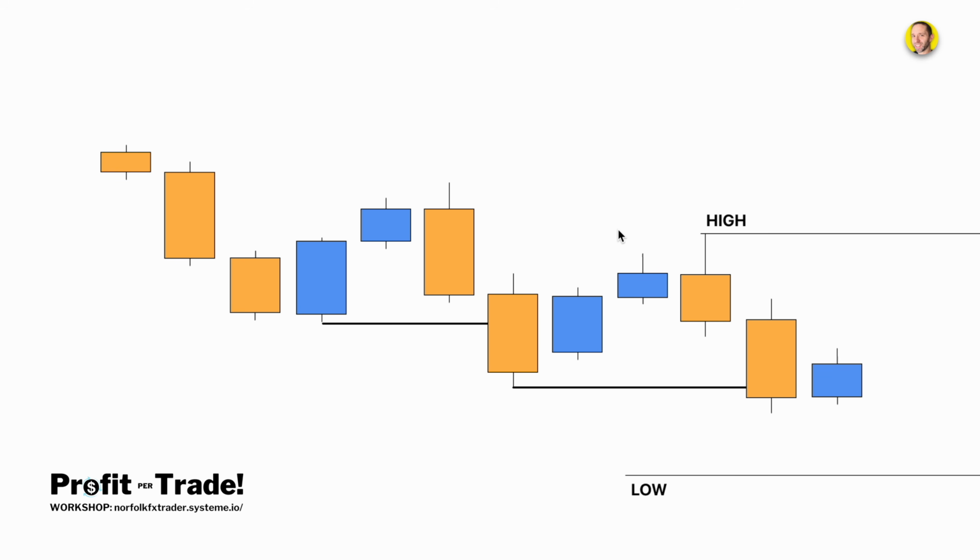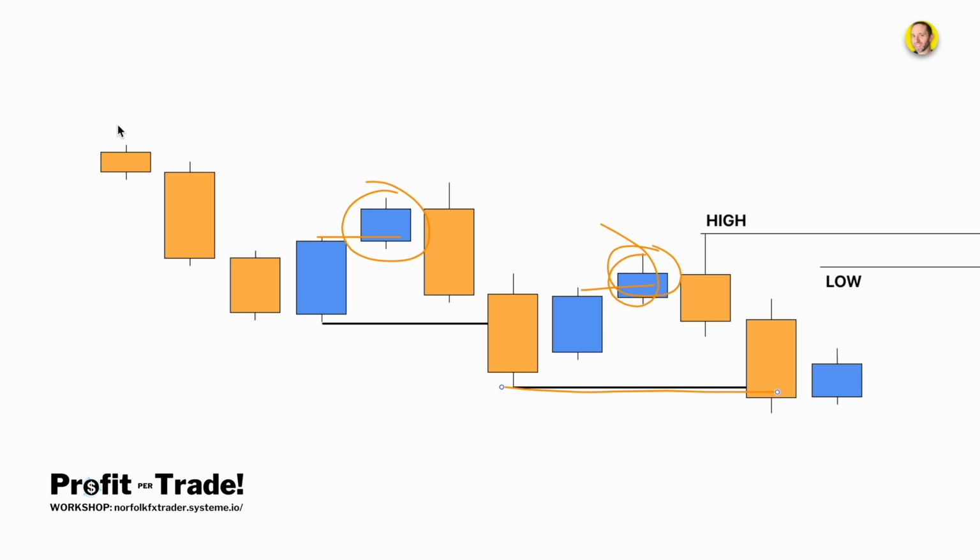But this is where you need to fully understand when you're marking these highs and lows for validation. The validation part is always where we see the close up for the valid high to be marked, and also for the close up, as we can see here, for the valid low to be marked as well.